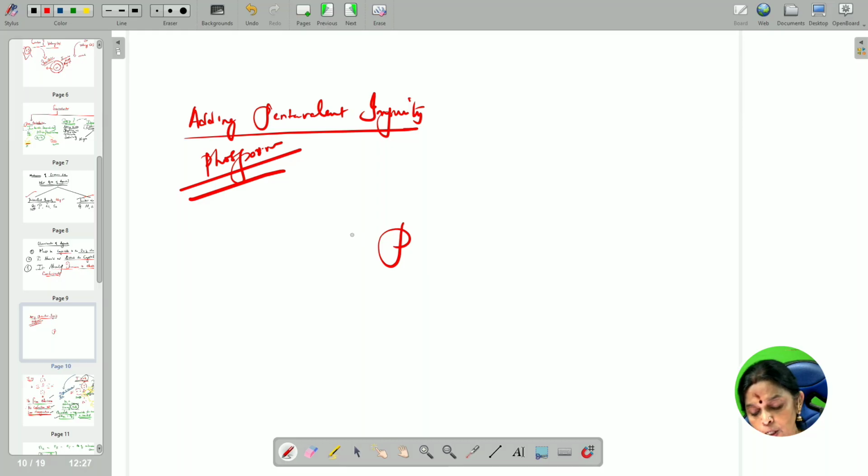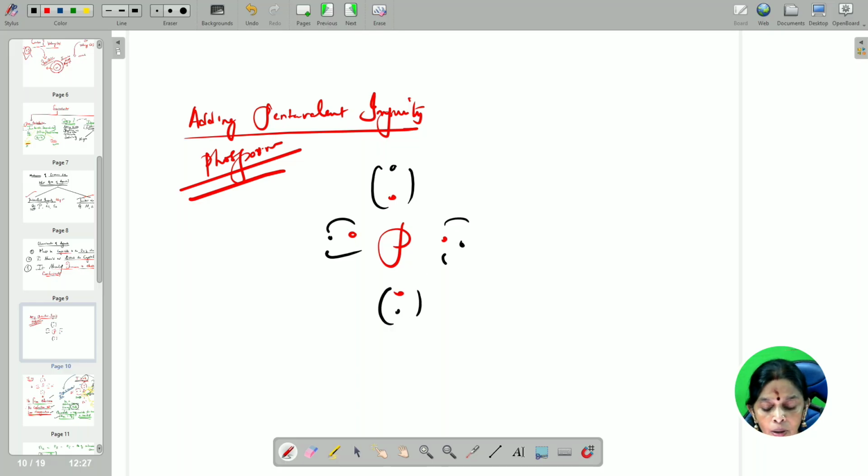Phosphorus: 4 electrons form a covalent bond with the adjacent silicon atoms. Whereas the fifth electron is there, for the phosphorus atom has 5 electrons, so it is left free. So the energy to remove this electron is very, very less. You can just snatch it out.